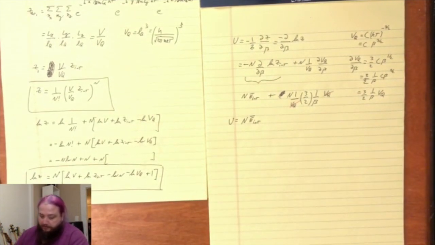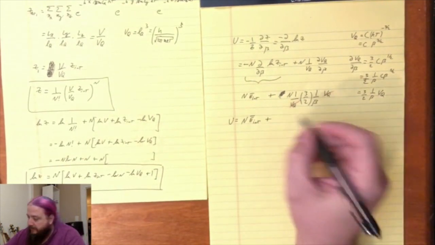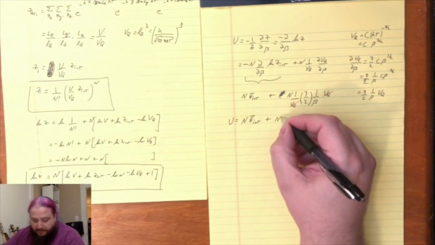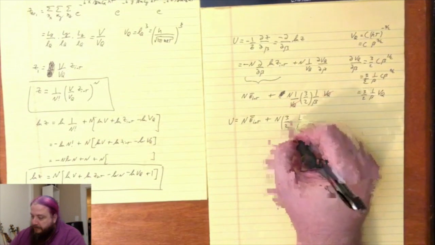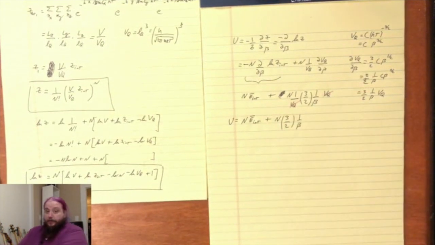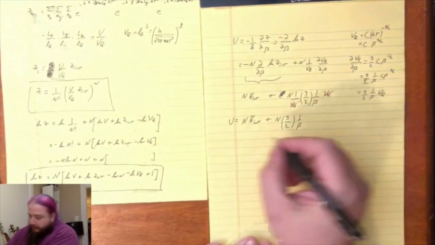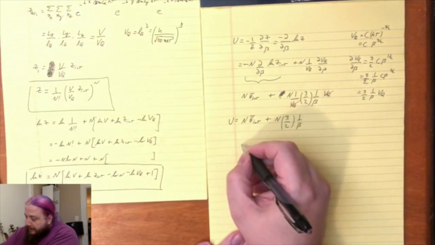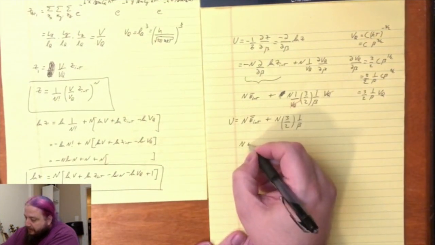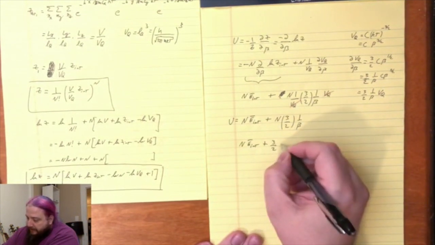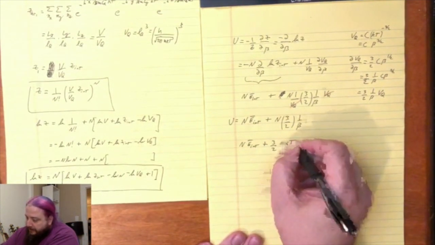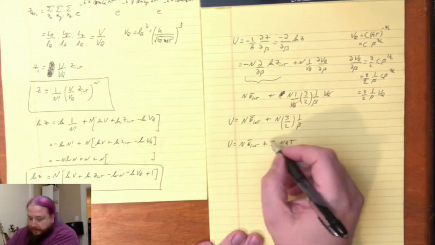That's intuitive. Plus N times 3/2 1 over beta, and beta is 1 over kT. So this is N times E interior plus 3/2 NkT, and there it is, our good old expected result.